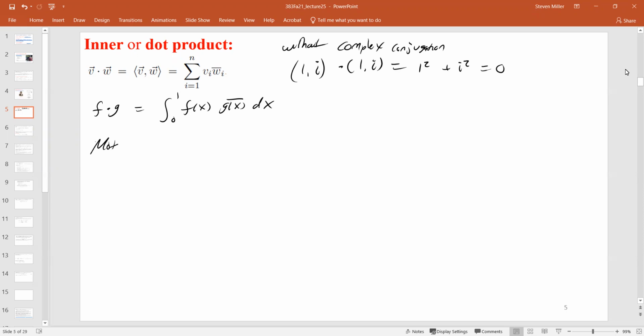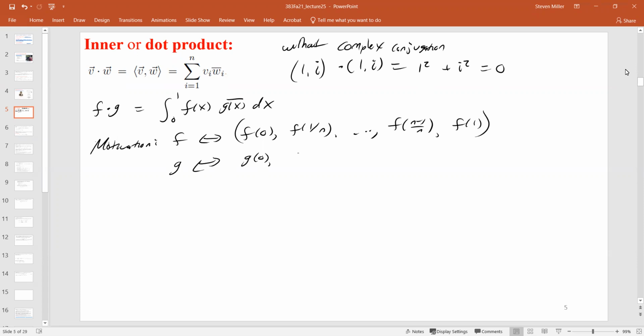So let's do some motivation. Hopefully you've seen this before. Let's associate f to the vector f of 0, f of 1 over n, dot dot dot, f of n minus 1 over n, f of 1. And g to be the vector g of 0, g of 1 over n, dot dot dot, g of n minus 1 over n, g of 1.